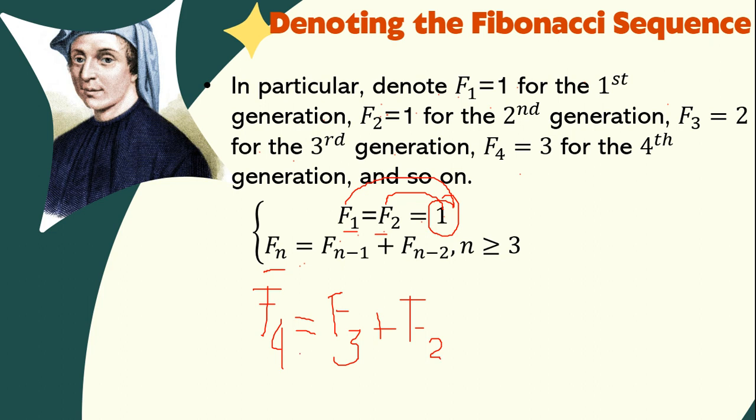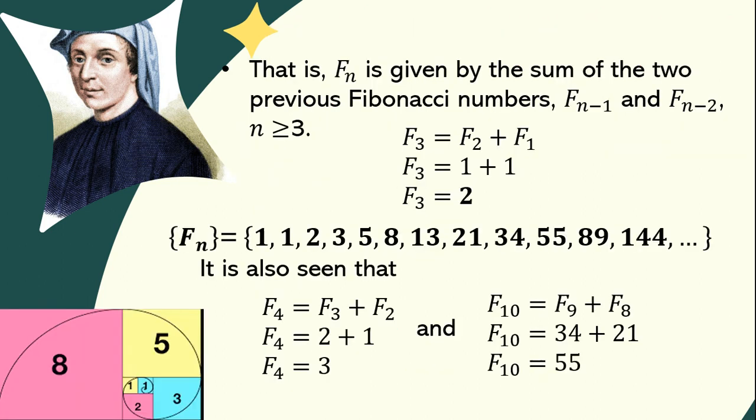So again, to get this, add the two generations before. So f of n is given by the sum of the two previous Fibonacci numbers, f sub n minus 1 and f sub n minus 2, where n is greater than or equal to 3.